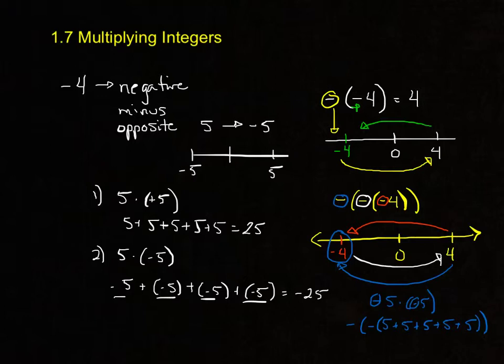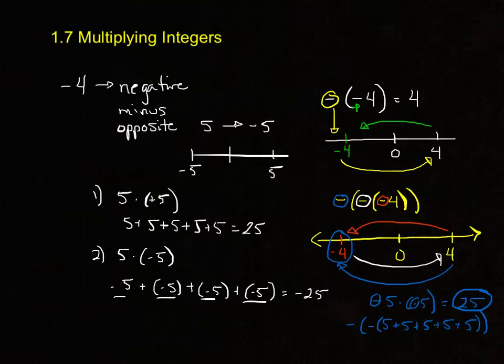Well, 5 plus 5 plus 5 plus 5 plus 5 still tells us this equals 25. But then we have the opposite, so that would be -25. But we're taking the opposite of that as well. So the opposite of the opposite takes us right back to a positive. So in the end, our answer is positive 25.